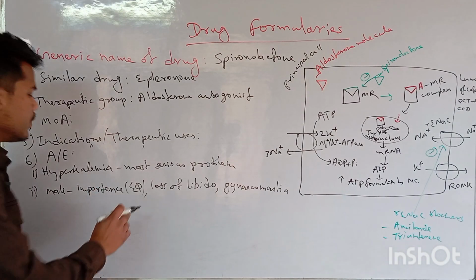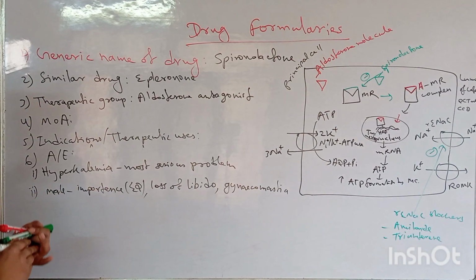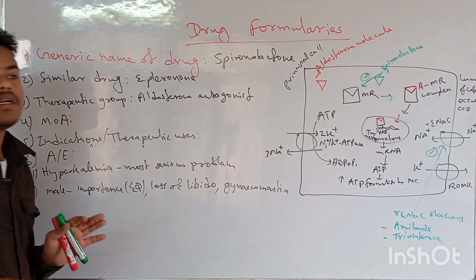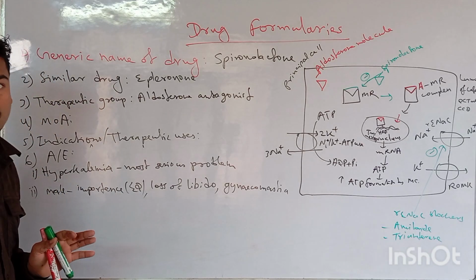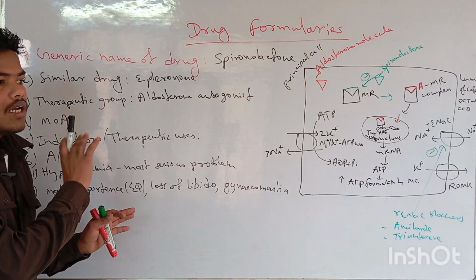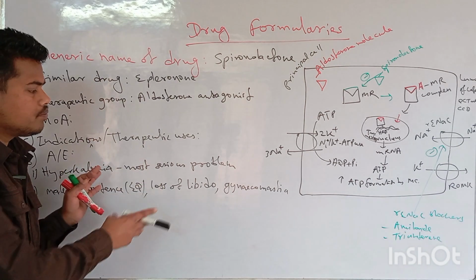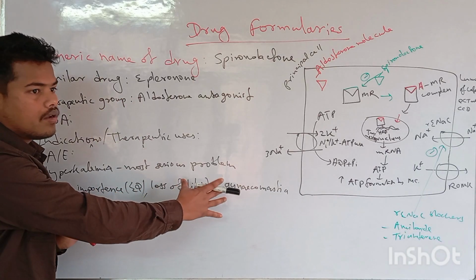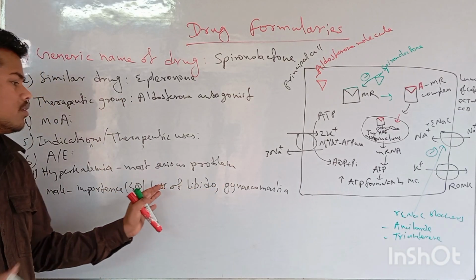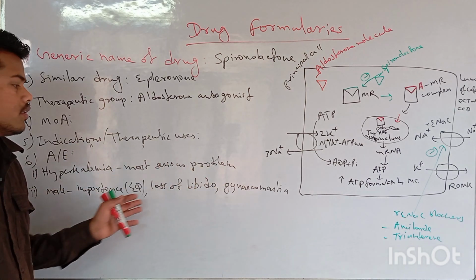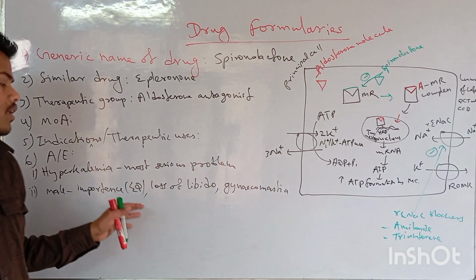The mechanism, briefly, is that spironolactone will increase the renal clearance of the testosterone. So as soon as testosterone is released, it should enhance male sexual activity, but if the clearance is increased, it will not do that significantly.